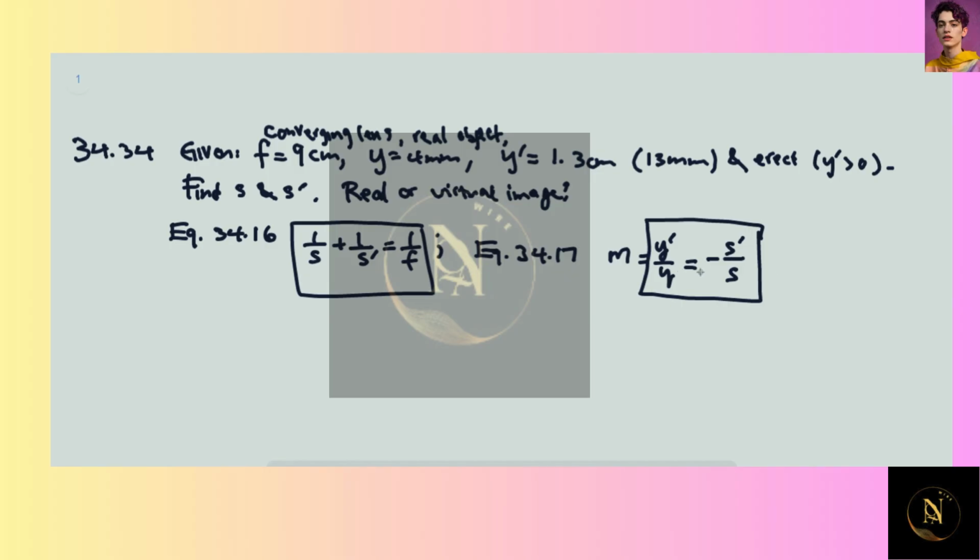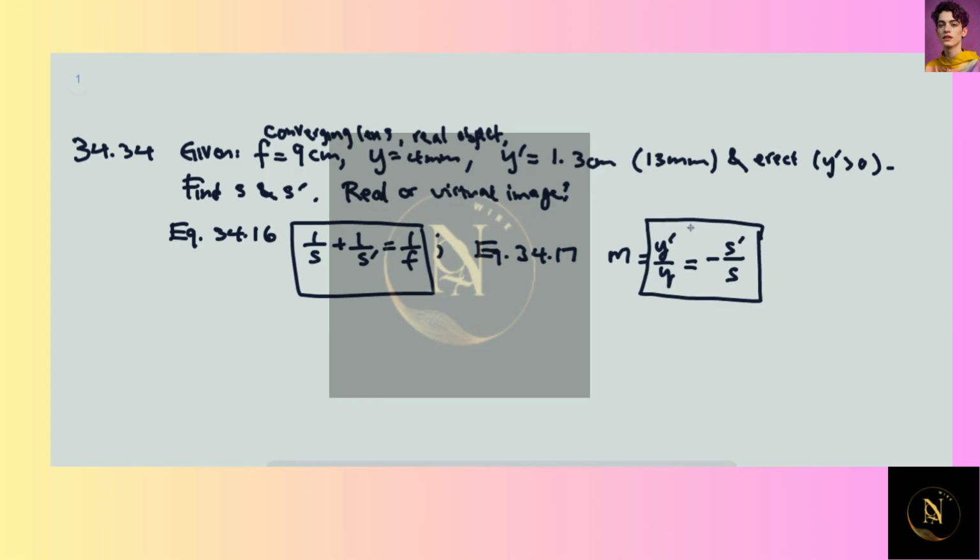So we can start with equation 34.17, and we can eliminate one of these variables. In this case, I will eliminate S prime. Once we have done that, we can substitute for S prime in terms of S into this equation, then solve for S, and then go back to however we define S prime in terms of S here, and determine S prime that way.